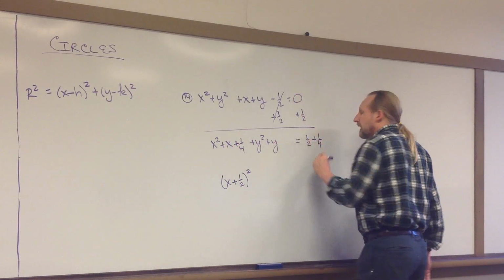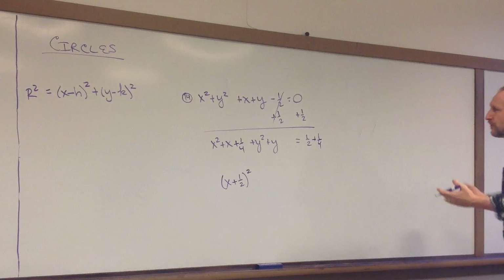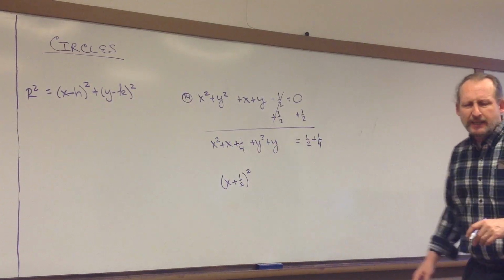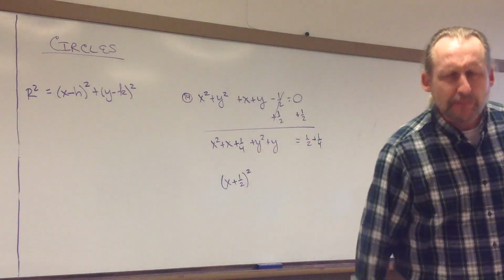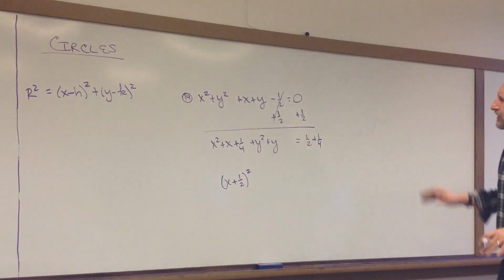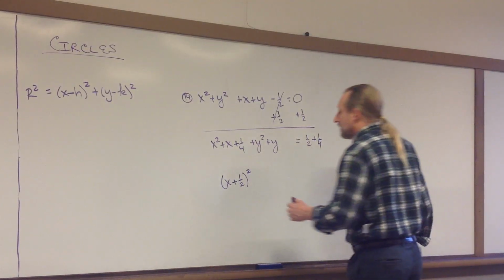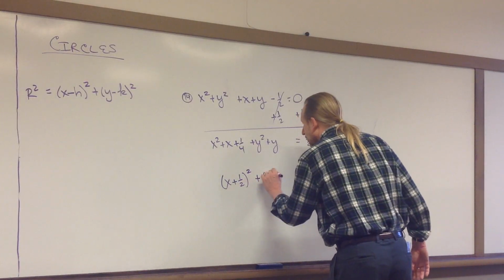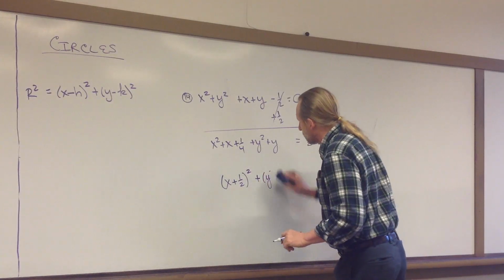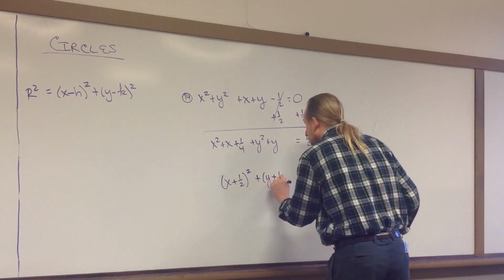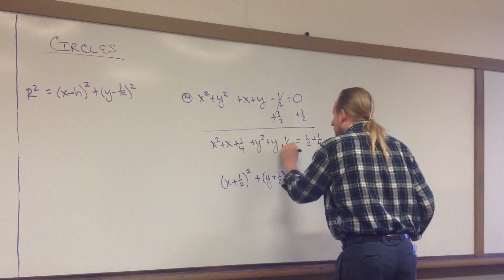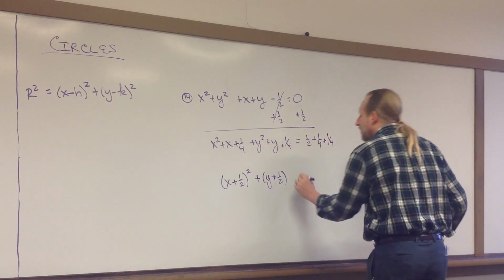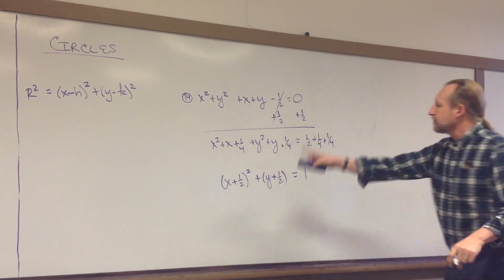And you can do this with decimals if you prefer. There's no reason why you have to use a fraction in this problem. In some other problems you might run into repeating decimals, which get a little bit messy, but you can still work with those too. And the y is going to be the same. This is going to be y plus a half as well. And we're going to have to add another 4th on. So these are all going to add up to 1.